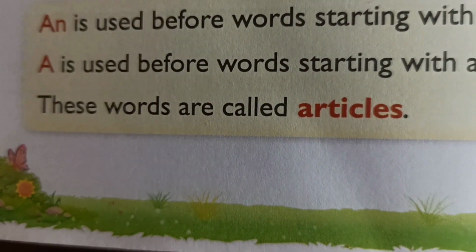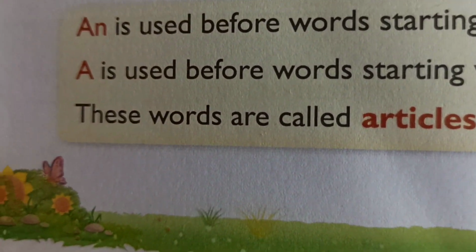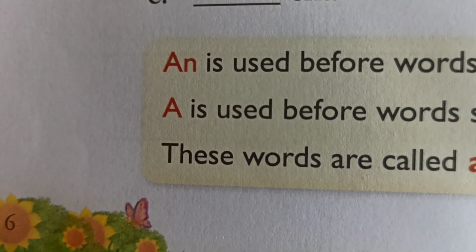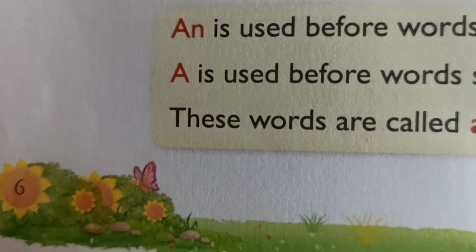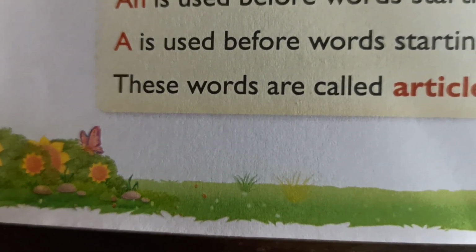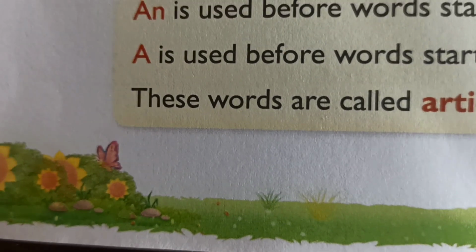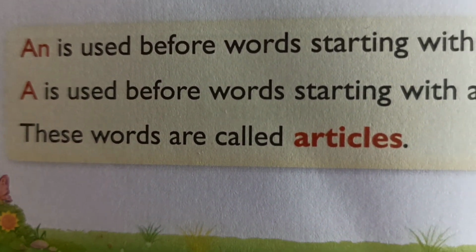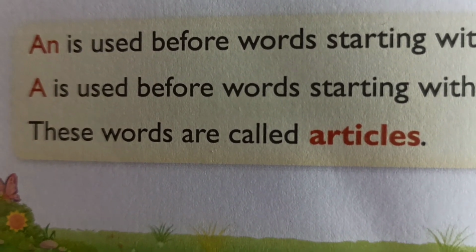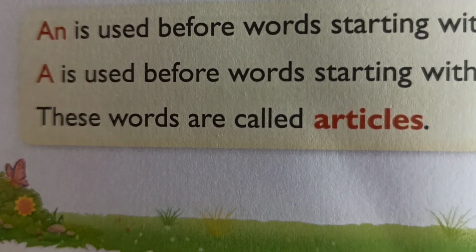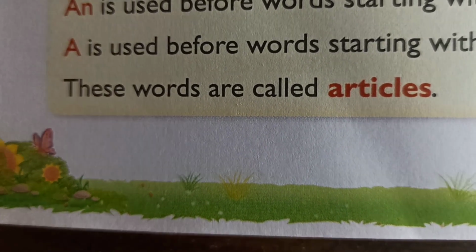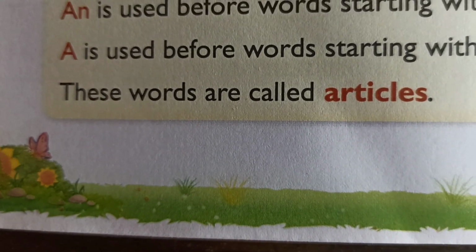Then before A, E, I, O, U, always which article do we write down? An, and before all remaining consonant letters we write down a. Okay. These words are called articles. What about articles? Before vowels we always write an, and before consonant sound we always write a.